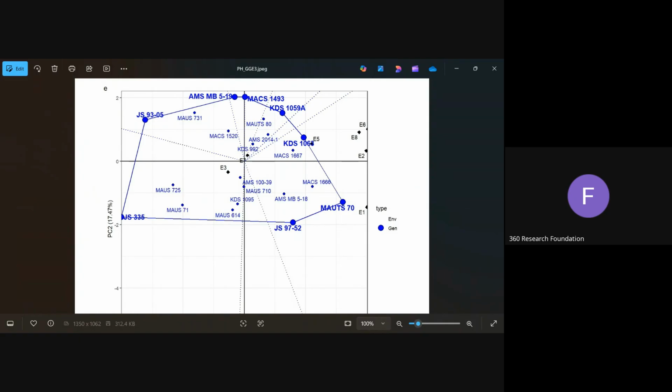They are positioned far from the origin. That is how we need to interpret those three. So none of the genotypes can be used for a crop improvement program among these environments.